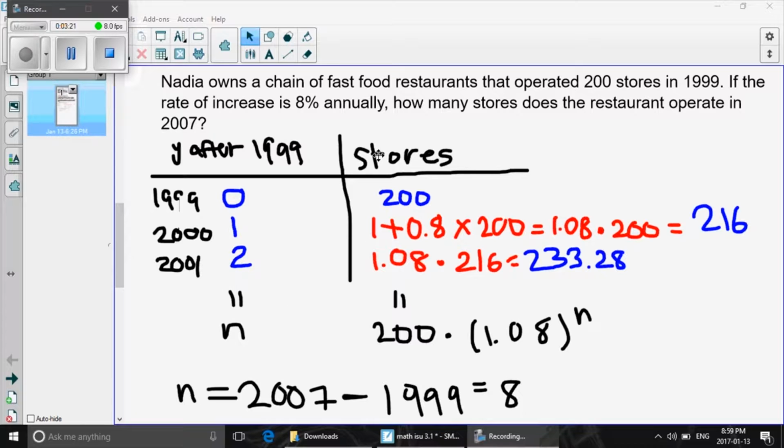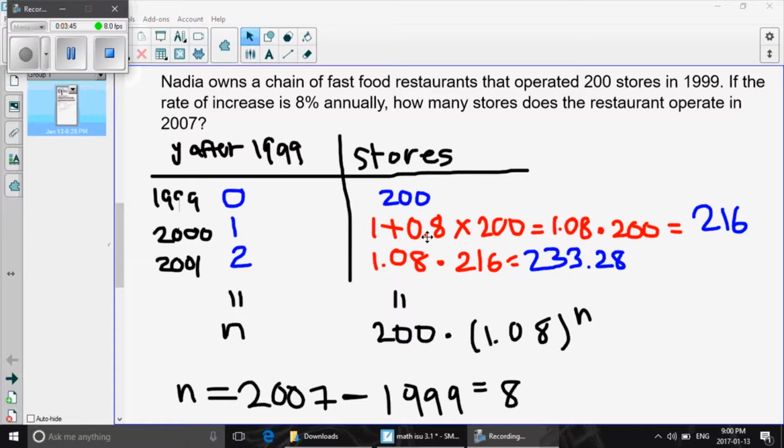For our store side, we know that in 1999, Nadia operates 200 stores, and then in the next year, she operates 8% more. So for this, you would do 8 divided by 100, which would give you 0.08, and because it is an exponential growth and it's increasing per year, you're going to do plus 1.